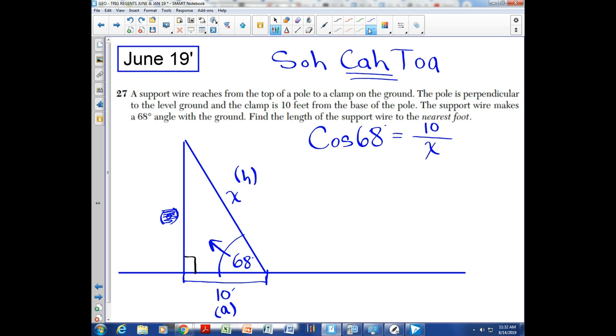Now, if you go back and remember the three scenarios, this is the scenario when x ends up on the bottom. And if you remember Mr. Frank's volleyball trick, I'm going to take that 10 and throw it to the other side, and my 10 is going to end up on top of the cosine 68, or 10 divided by cosine 68 will be equal to my x.